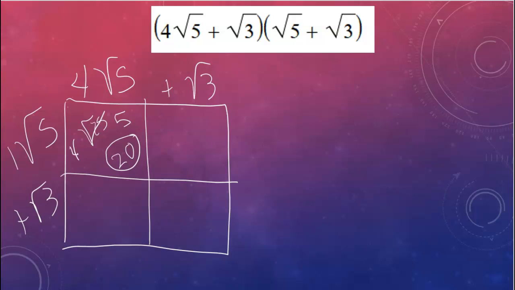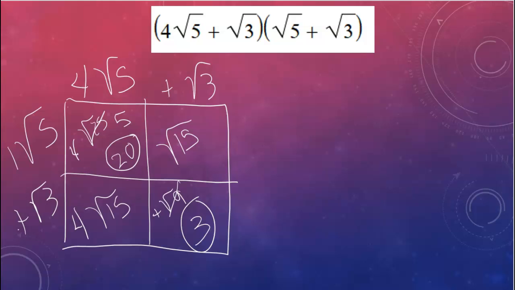Square root of 5 times the square root of 3 is the square root of 15. And 1 times 1 is 1. And here we have 1 square root of 3, 4 square root of 5. So 1 times 4 is 4. Square root of 3 times square root of 5 is square root of 15. Square root of 3 times square root of 3 is square root of 9. But the square root of 9 is 3.